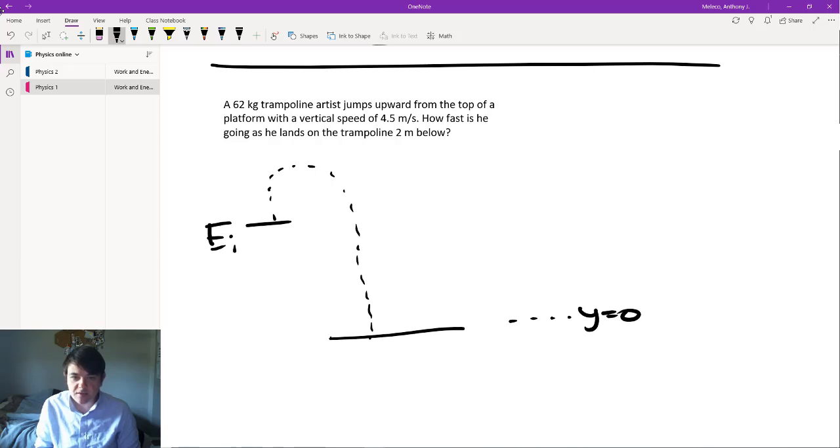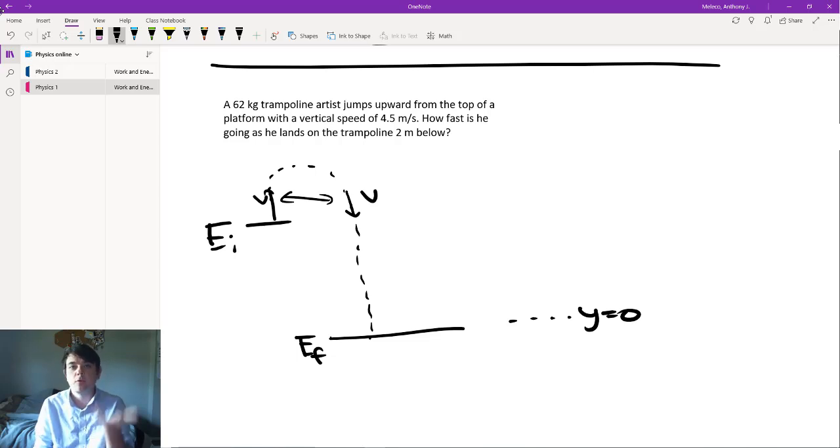And this is going to be his E final position. So at E initial, he's starting here. He's jumping up with some velocity v, right? But then there's going to be parabolic motion, and he's going to fall down back to this point. And he's going to have this same velocity between these 2 points, right?